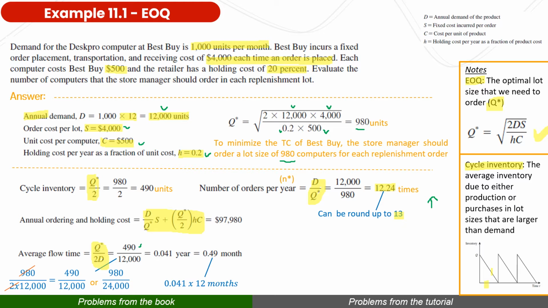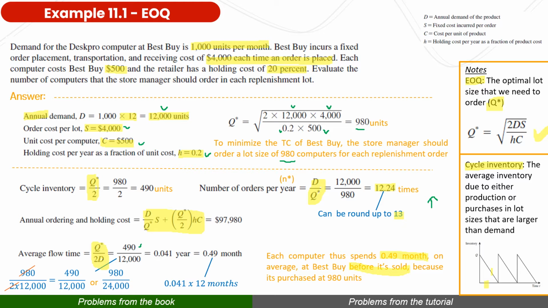So we can interpret it that each computer spends 0.49 months on average at Best Buy before it is sold, because it is purchased at 980 units.